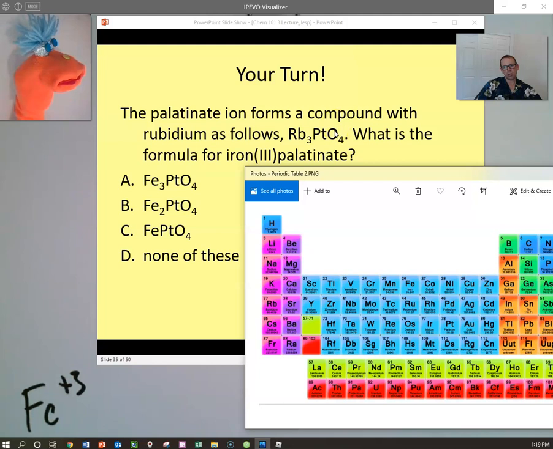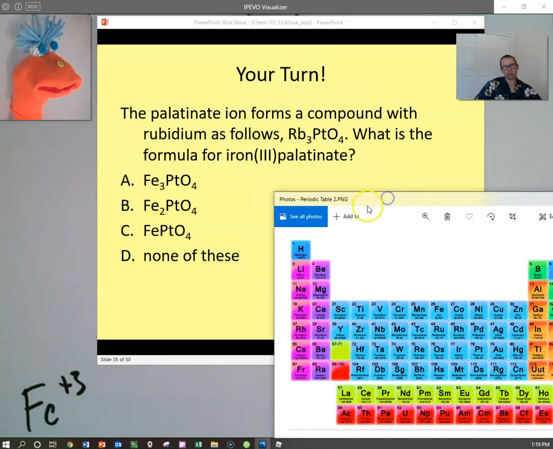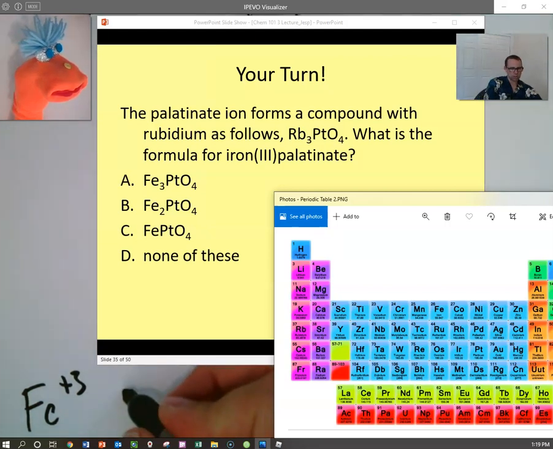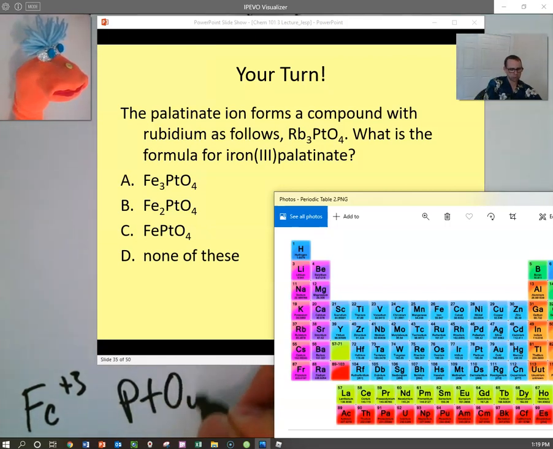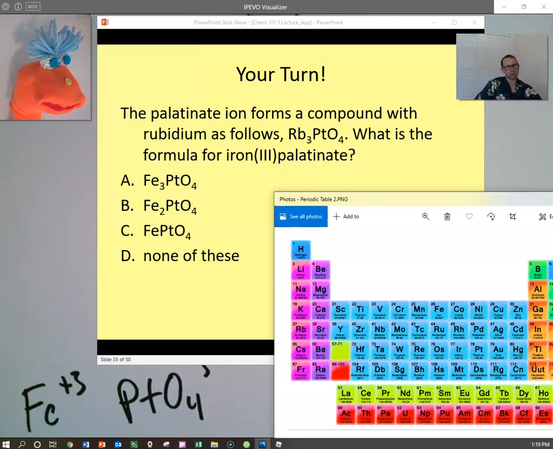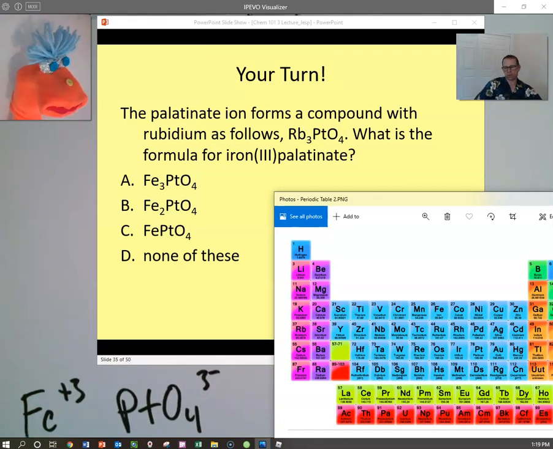That's right. Very good. So if this is a -3 and the iron is a +3, then what is the ratio going to need to be? If the iron's a +3 and the platinate is a -3, is that what we said? Yeah. So PtO4 3-. How did you know it was a -3?